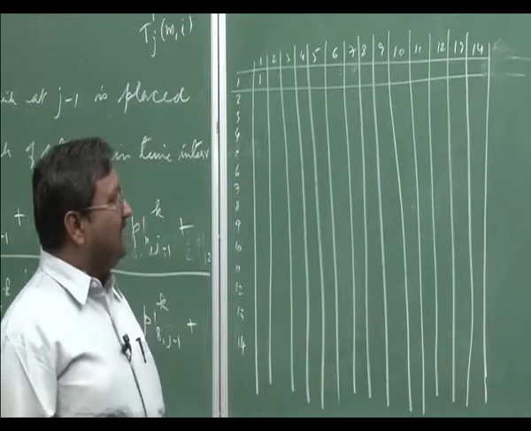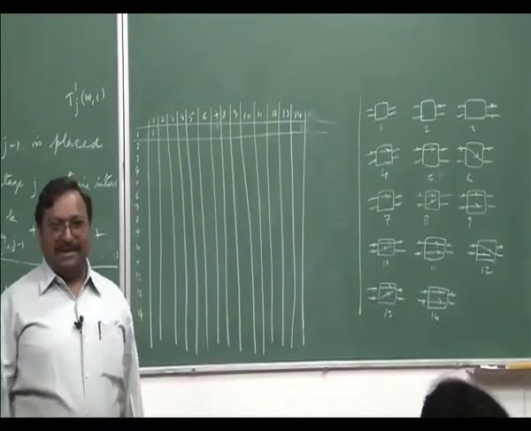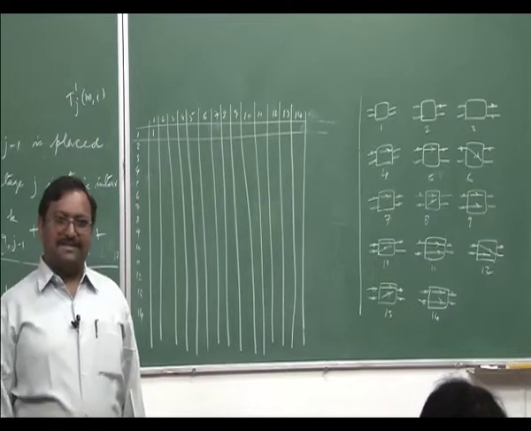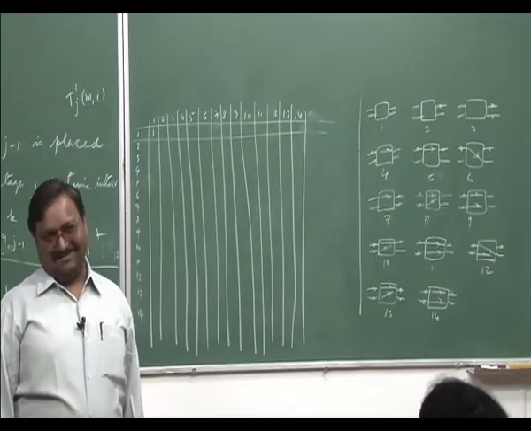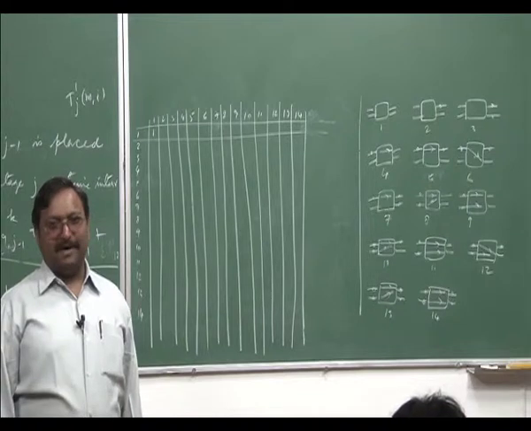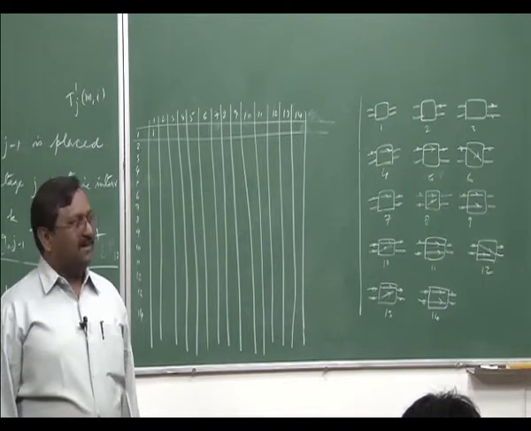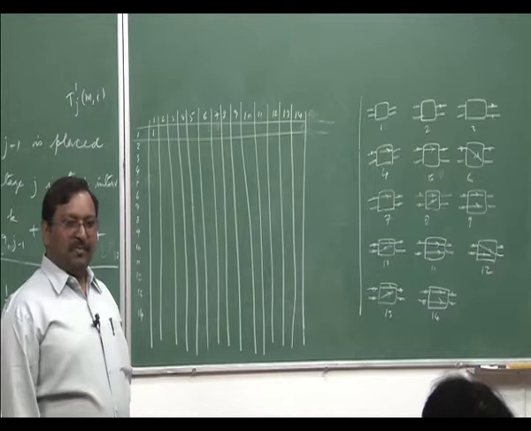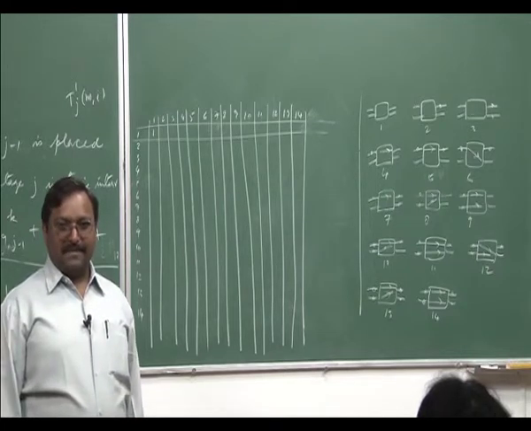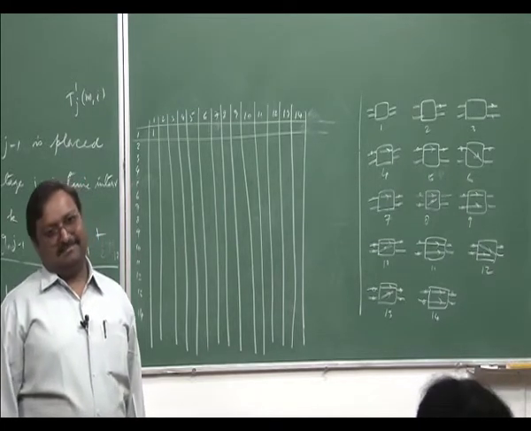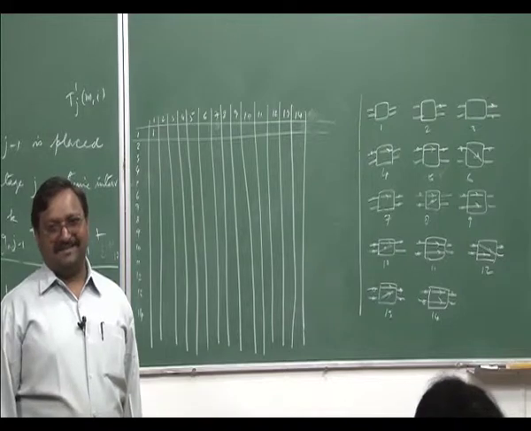State 2 will remain. Now the probability that the packet sitting there goes out is Pj tilde. So if that packet goes out, you can come back to state 1. If that packet remains there, you remain in the same state.